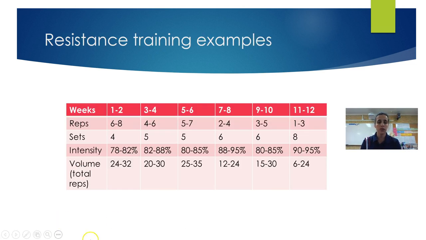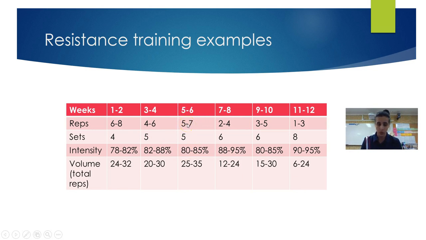Some examples, girls: to apply progressive overload into a program, you'd look at your reps, your sets, and your intensity. So you might start with lower reps if you want to look at increasing your power and your strength. So remember, strength is that one explosive movement. So you could do 5 to 7 reps of your max effort.